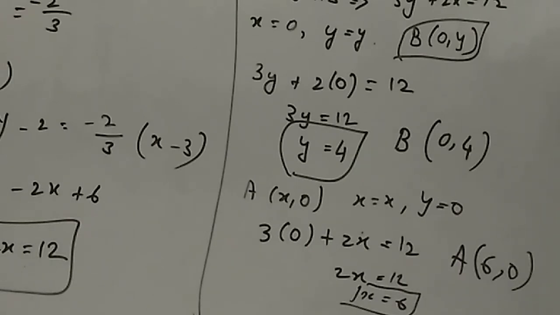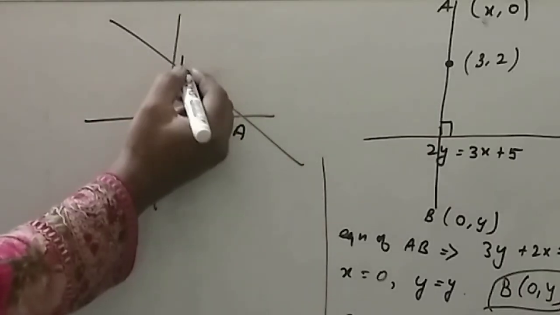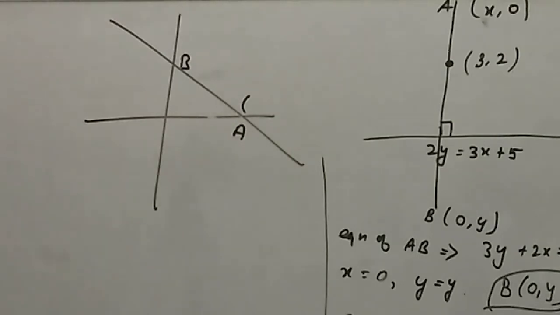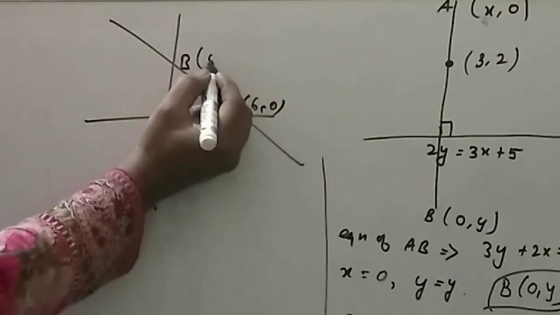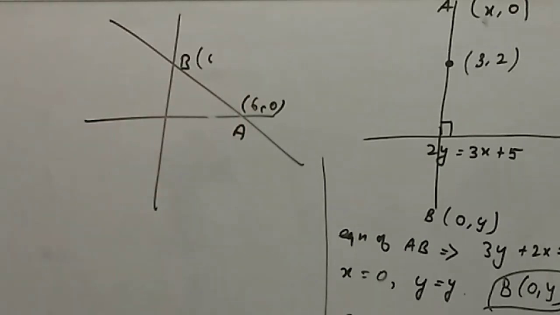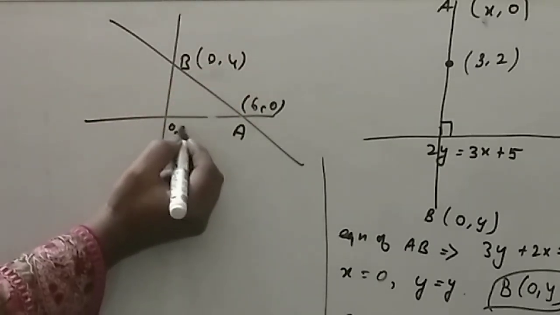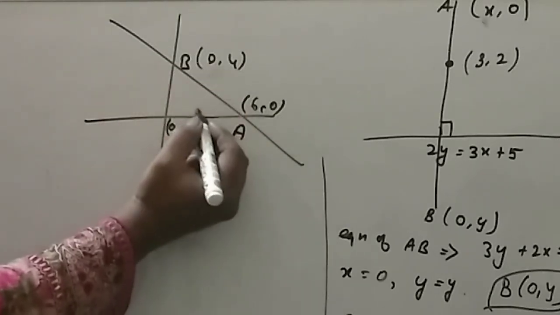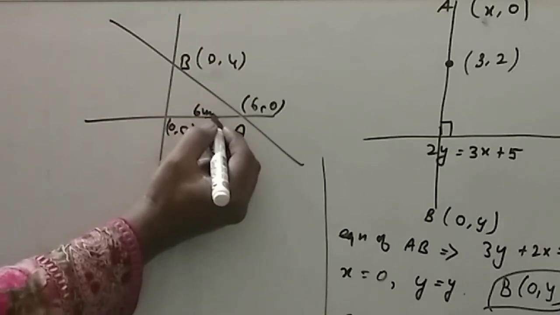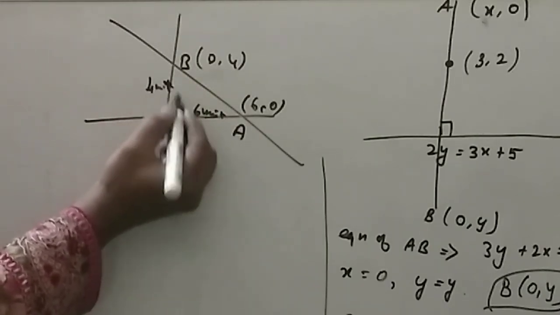Third one, they ask you to find the area of a triangle. This is A and this is B. Here you got 6, 0 and here you got 0, 4, and this is the origin. Now you got the triangle. This will be 6 units and this will be 4 units.